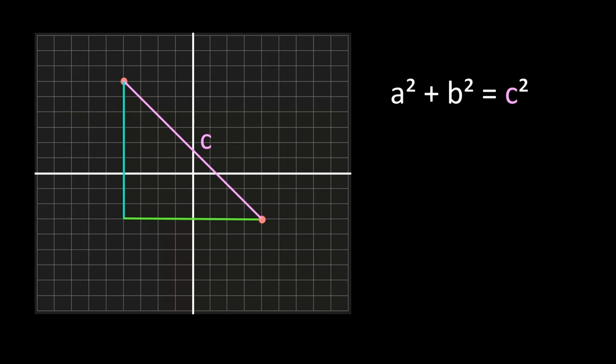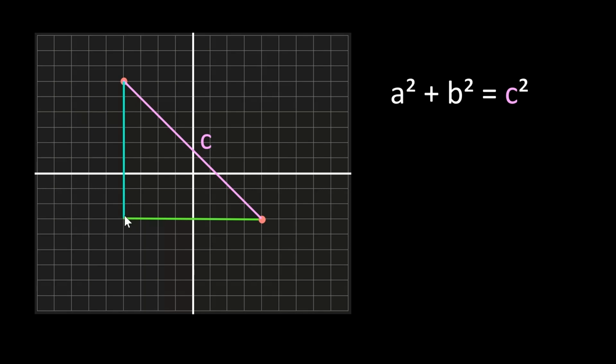Then in order to use the Pythagorean theorem, I need an A and a B. To find A, I can count the length of this side of the triangle. So it's 1, 2, 3, 4, 5, 6, 7, 8, 9.